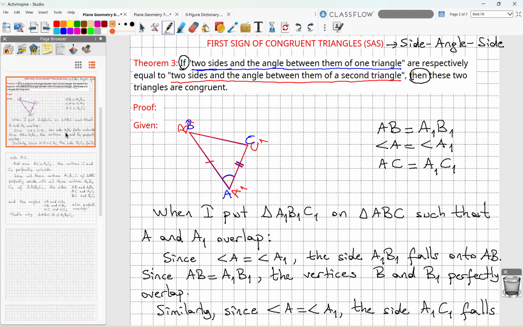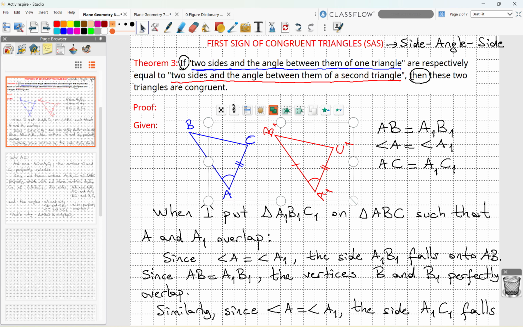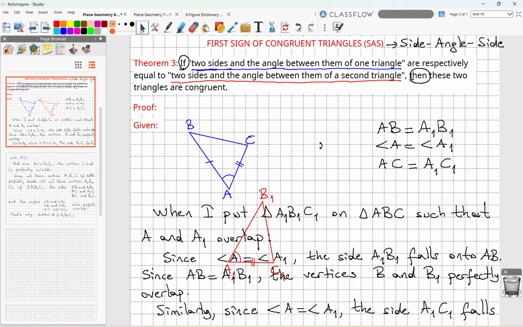So we saw that when two sides and the angle between them in one triangle are respectively equal to two sides and the angle between them of a second triangle, when I put the second triangle onto the first, I see that all three vertices, all three sides, all three angles respectively perfectly overlap and coincide, and that's why we understand that those two triangles are congruent triangles.